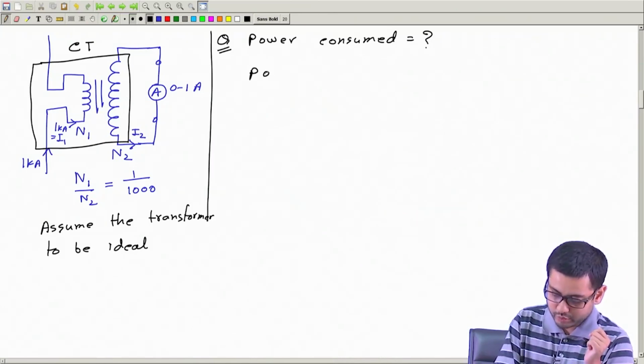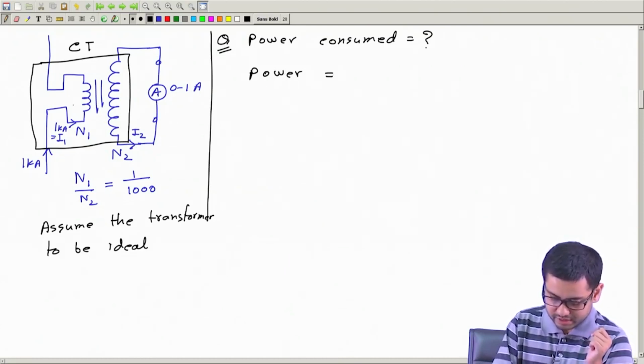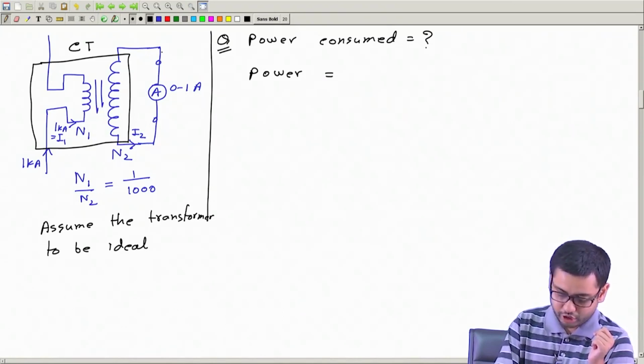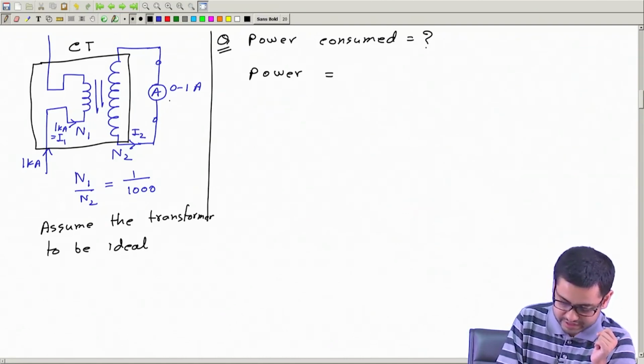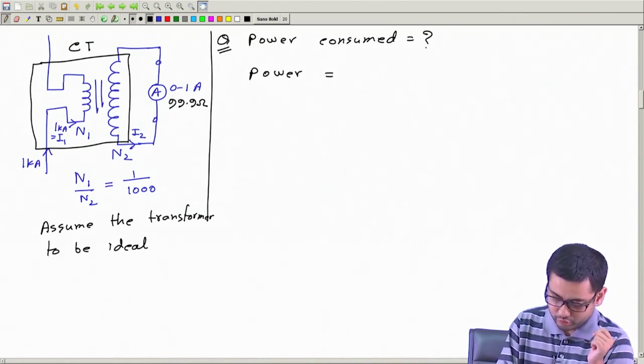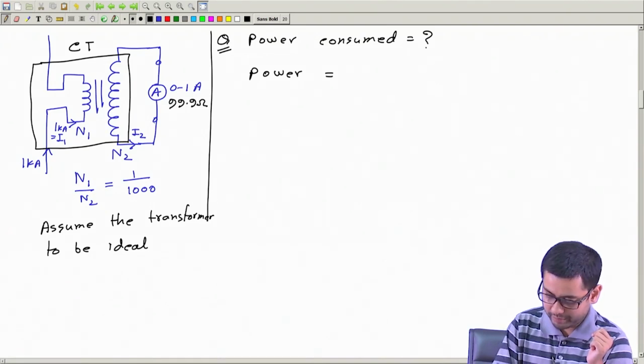So power will be equal to, since no power is lost in the transformer, the power is lost only in the ammeter, and the ammeter resistance is 99.9 ohm, and the current flowing through this, I2, is, as we calculated before, 1 ampere.